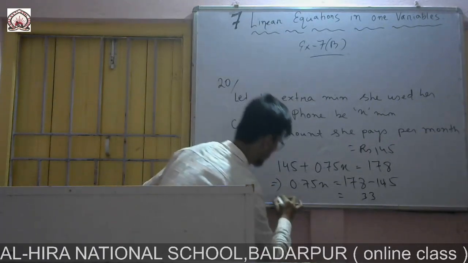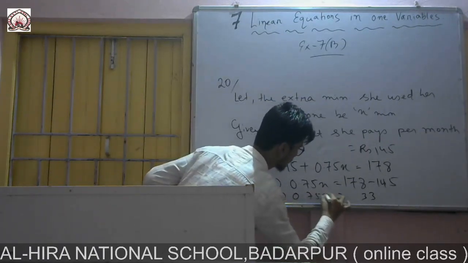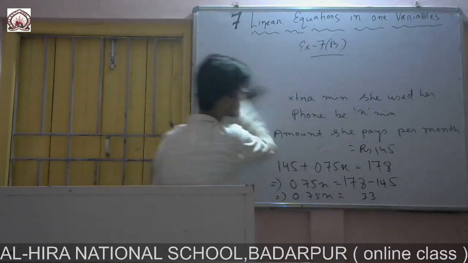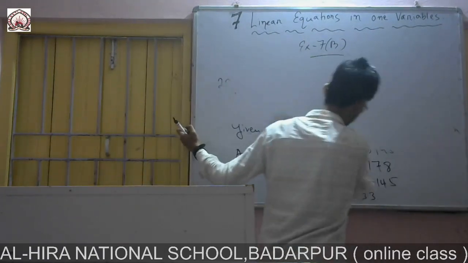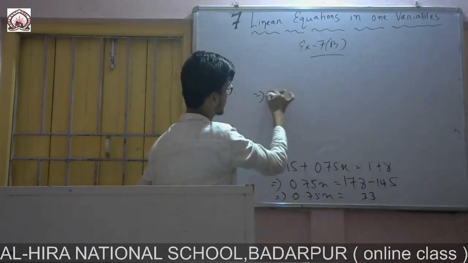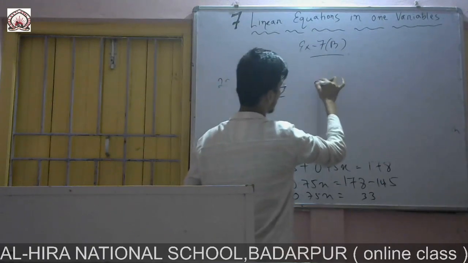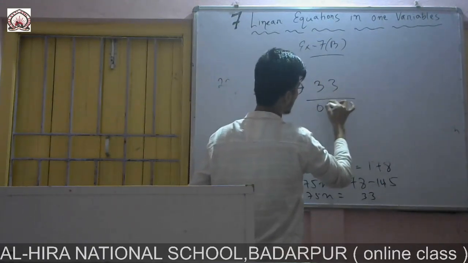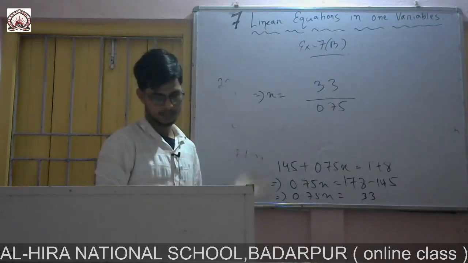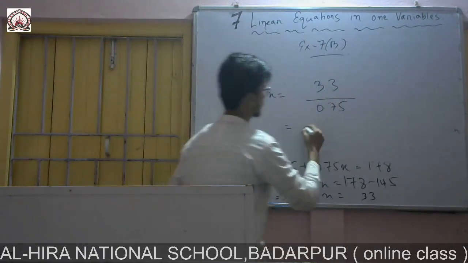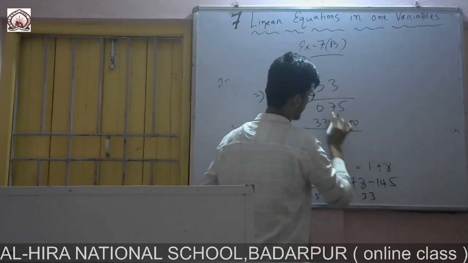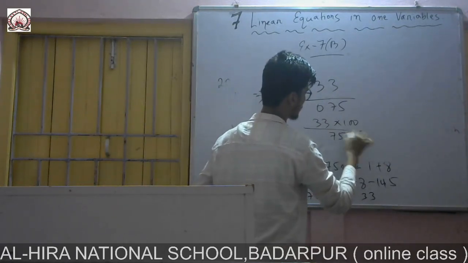So now I will solve this part. 0.75x equals 33, implies x equals 33 by 0.75. Now if I remove the decimal point, it will be 33 into 100, for 2 places. For 2 places I will put here 100 and there 75.